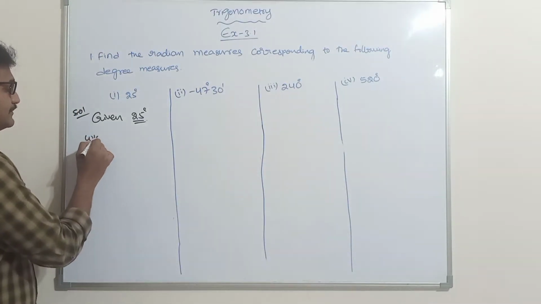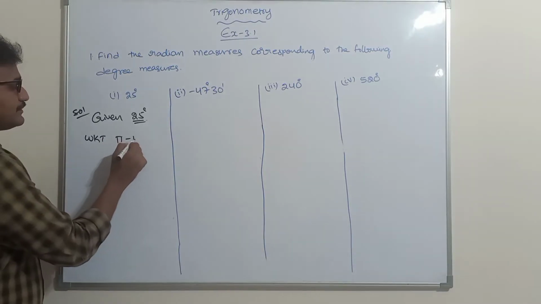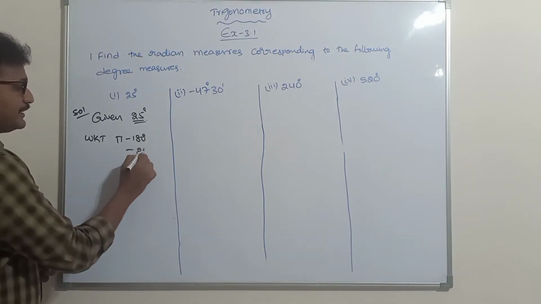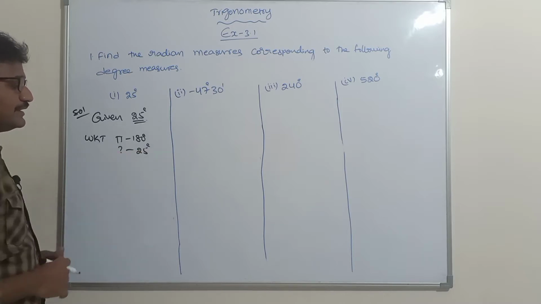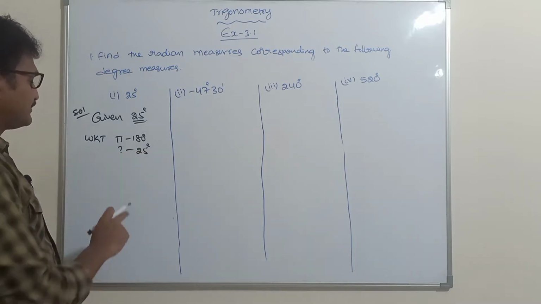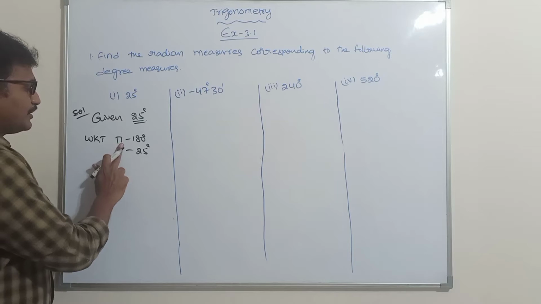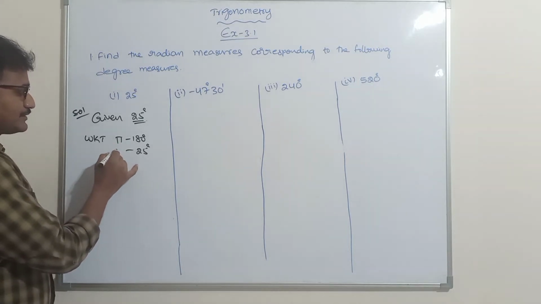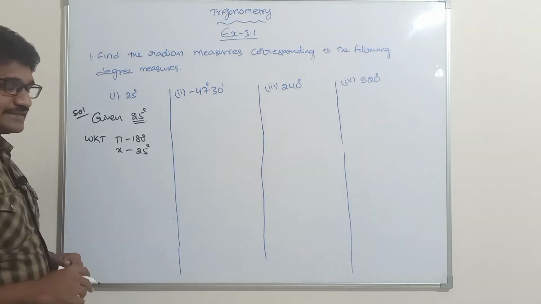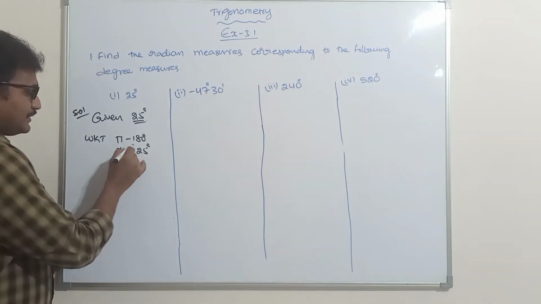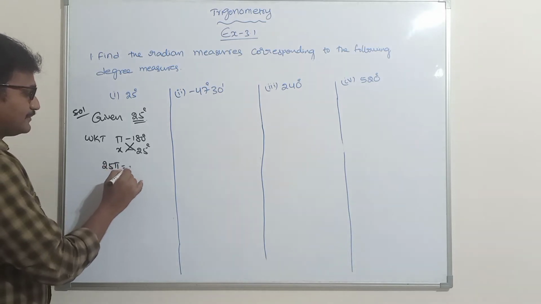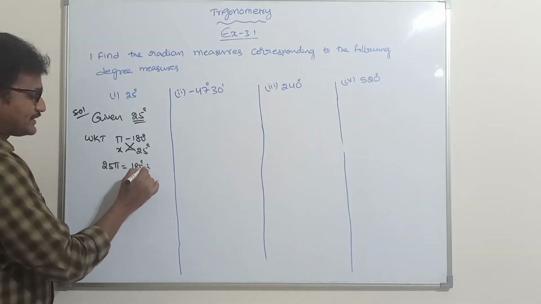We know that pi radians is equal to 180 degrees. Then 25 degrees is equal to how many radians? This is the given question. We don't know how many radians will come if we convert this 25 degrees into radians, so I assume this as x. Therefore, 25 pi is equal to 180 into x.